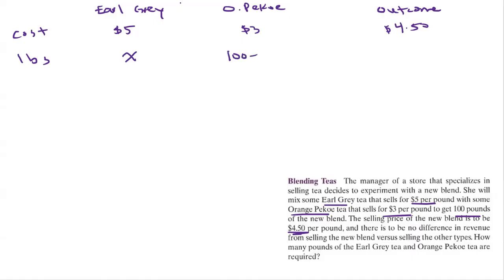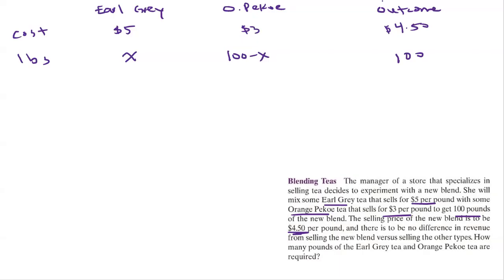Exactly. That would be 100 minus X. So the output, we want 100 pounds, right? This is our 100 pounds here as well. Okay. Any questions on the setup here so far?